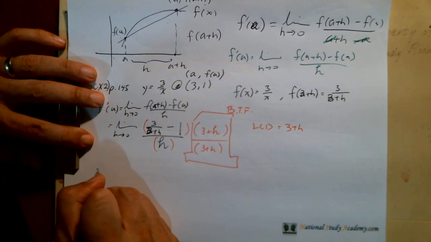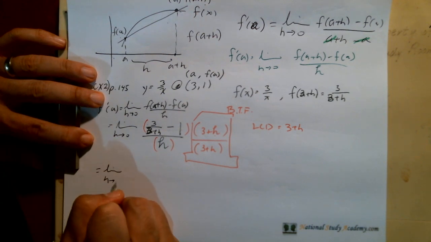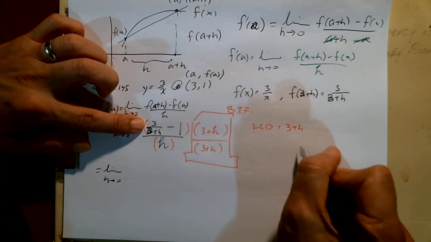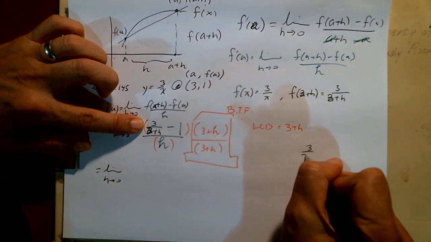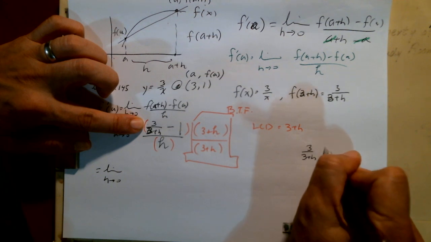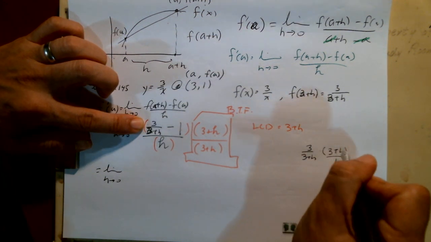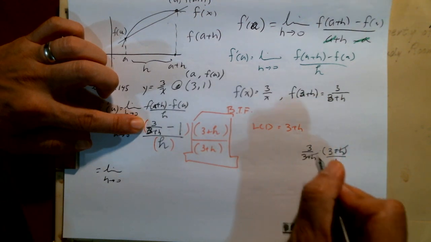That would become the limit as h approaches 0. 3 plus h times 3 over 3 plus h. So let's do this right here. 3 times 3 over 3 plus h times 3 plus h all over 1. That's the same thing as 3 plus h. Notice these cancel. You end up with just 3.